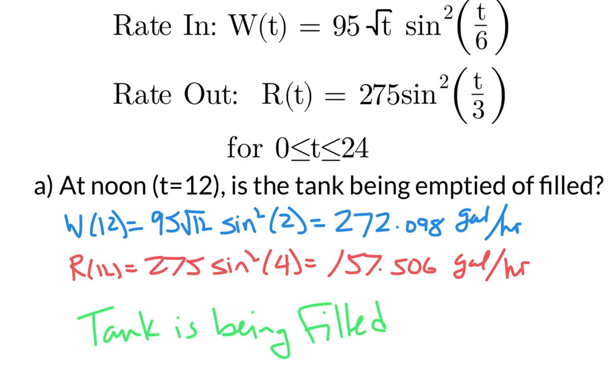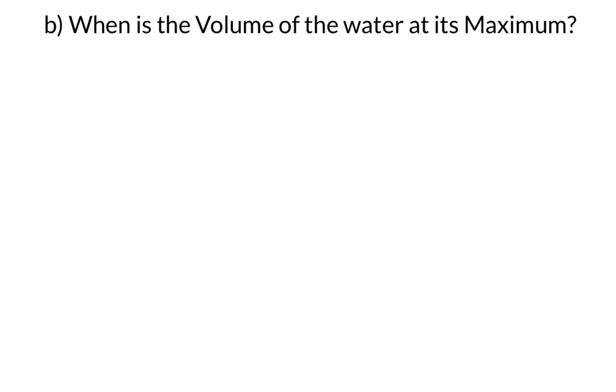All right, so all we have to look at is that difference between them. If the difference is positive, or just recognizing that in is bigger than out, that's how we know that the tank is being filled.